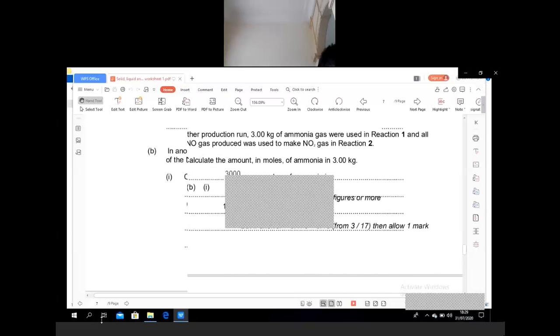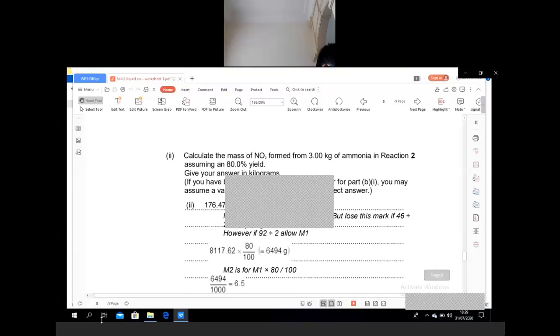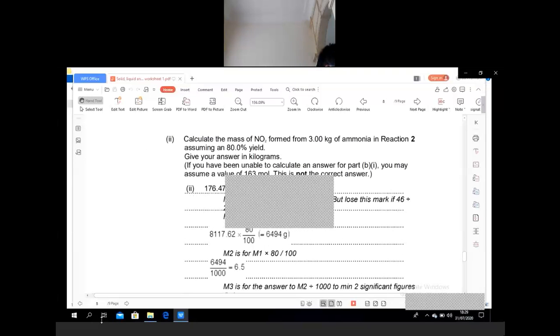Okay, next. We are on page 8. Calculate the mass of the nitrogen monoxide formed from 3 kg of ammonia in reaction 2. Assume that the percentage yield is only 80%. So here we have to find moles.